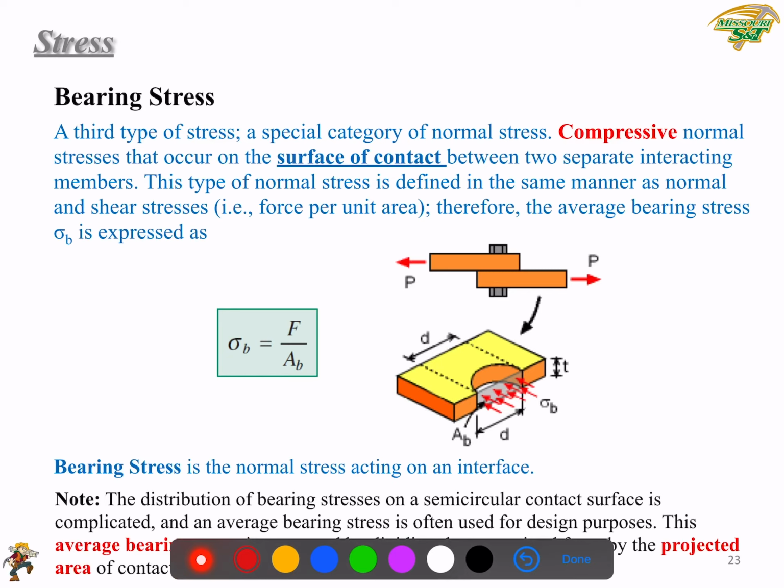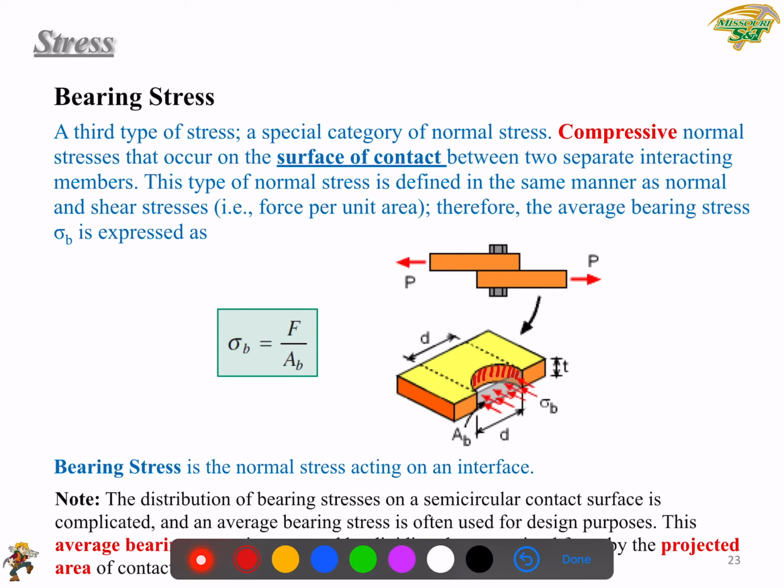The interface is shown here. More strictly speaking, the shape of this interface is a semi-cylinder. So do we use P over the area of a semi-cylinder to determine this? We should not do that, because on this interface, P is not perpendicular to the semi-cylinder surface.